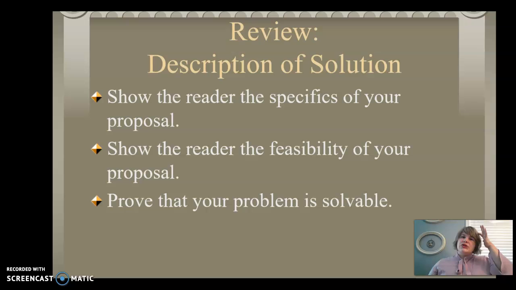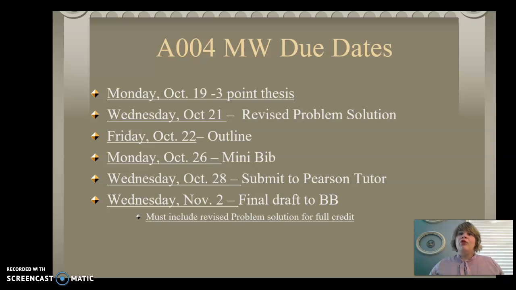So then in the solution, you showed your reader the specifics of what you were going to do and the feasibility of your proposal, and then you argued that your proposal is, or the problem is, solvable. But hopefully in the solution section, you didn't go into the positive changes that would occur as a result of this solution. So that's kind of the key idea for the justification, is that you're arguing for your solution.